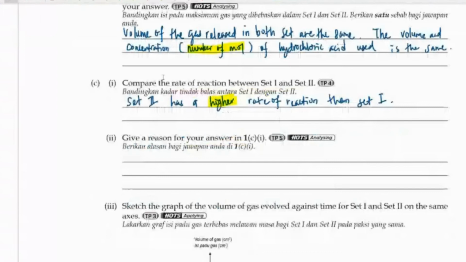Both larger or bigger can be accepted. Here I don't put in the collision words, so: exposed to the reaction compared to set 1.